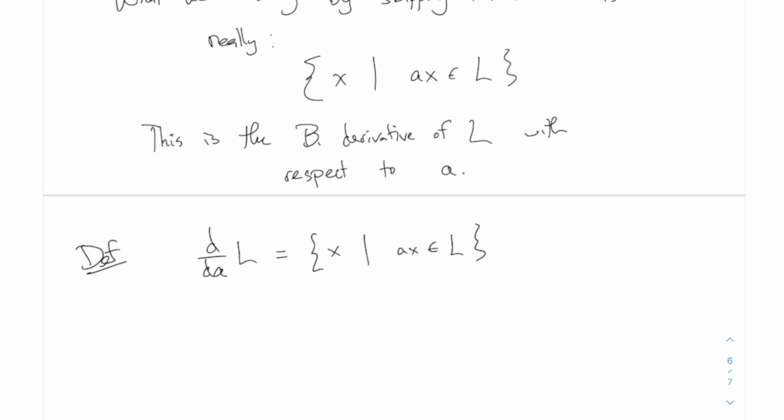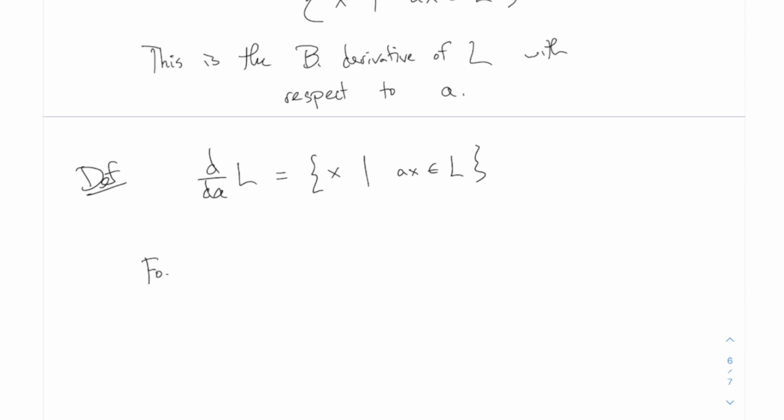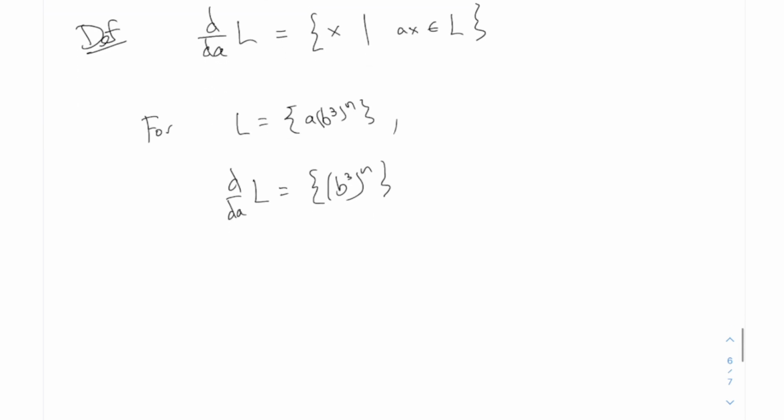So in our example before, for L being the set of all things that look like A, B cubed to the n, the derivative with respect to A of L is just B cubed to the n. You take all of those things and omit the A's that are at the beginning. But the derivative with respect to B of L is the empty set.